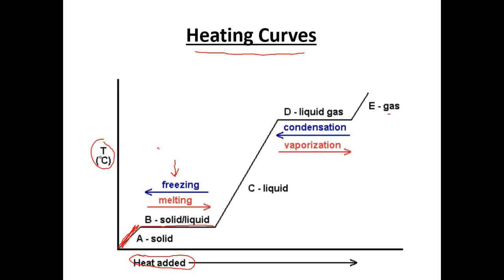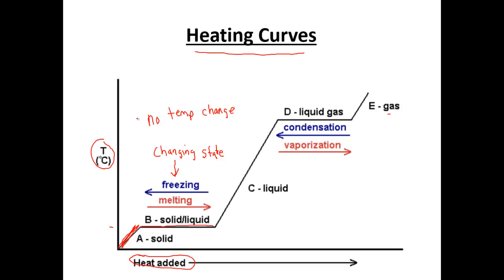So we're changing the state. And when we change the state of matter, that's where temperature is constant. We're not changing temperature. So no temperature change occurs during the change of state.